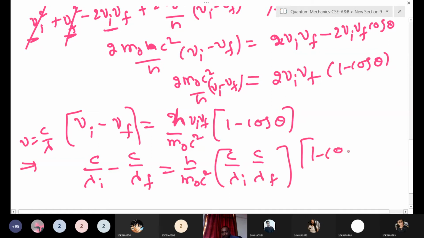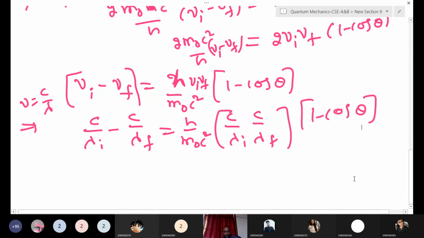Now just simplify this expression, what will we get? Lambda f minus lambda I. Here c square is there and here c square is there, they cancel out, and finally you will get lambda f minus lambda I equals h by m naught c.